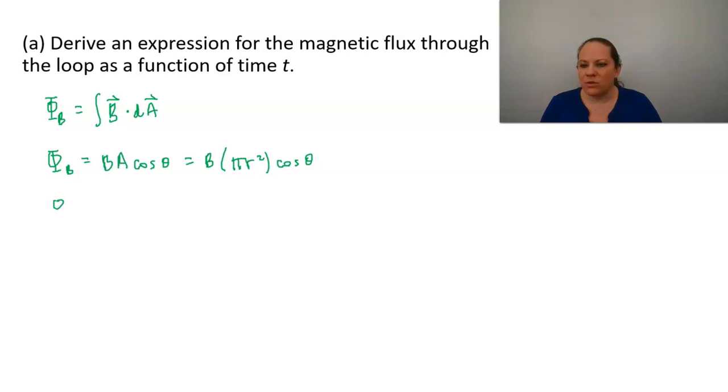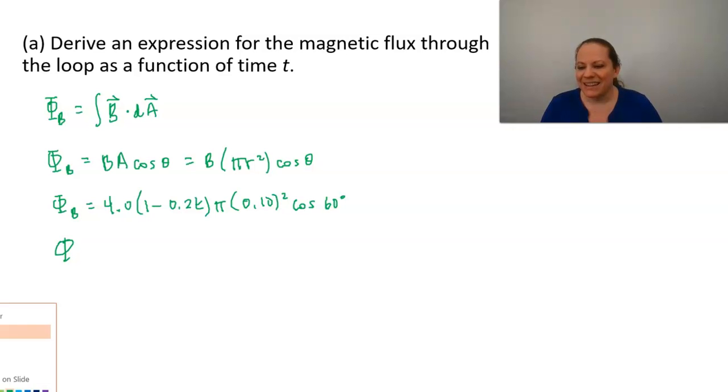And now we are ready to substitute that function for our magnetic field, 4.0 times 1 minus 0.2 times t, times pi times our radius squared, that's 0.10 squared, times the cosine of that 60-degree angle.